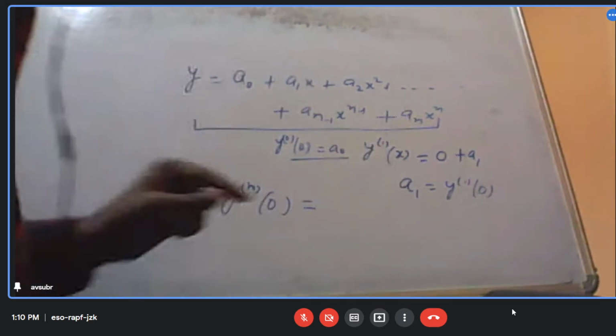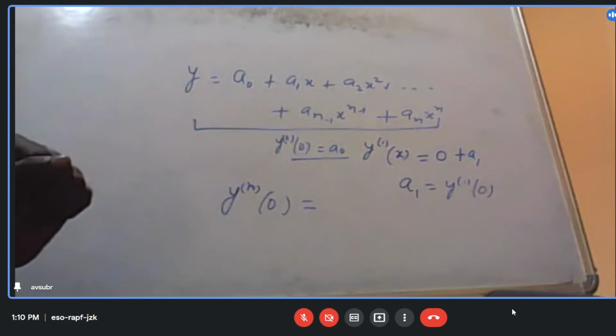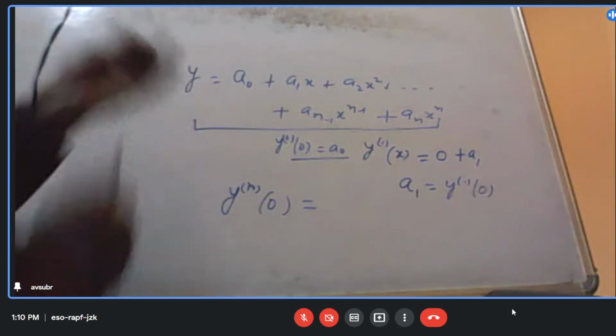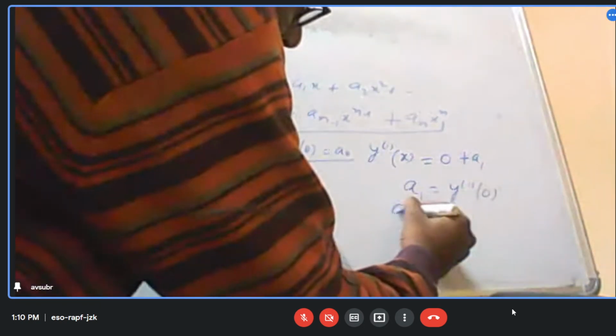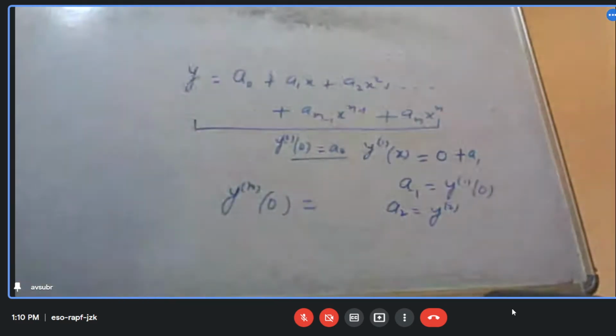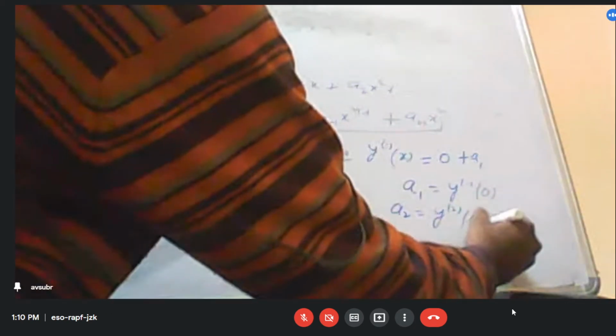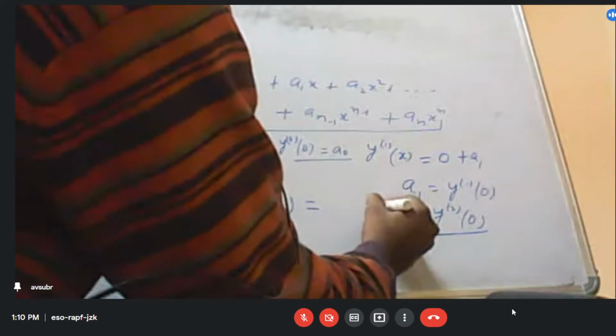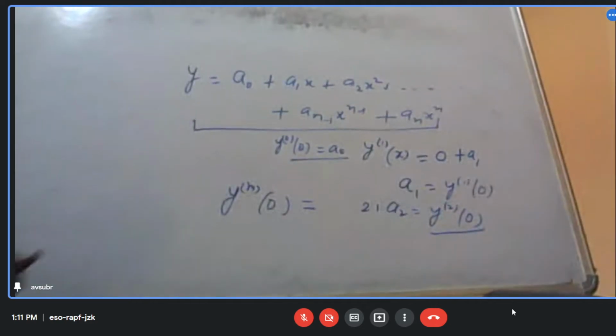Next will be a1. Then what will a2 be? y2 is 2a2x, so at x equal to 0, y2 is 2 into 1 into a2.